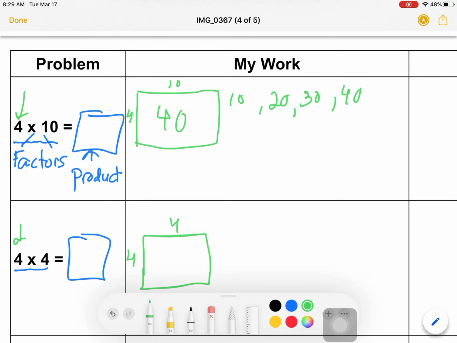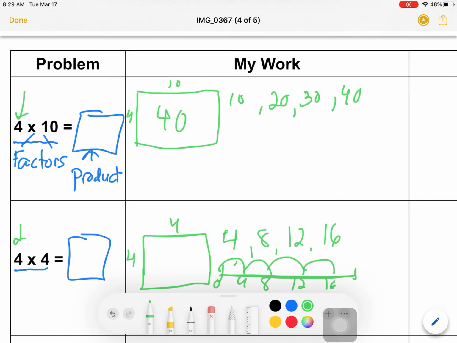And in this case you can figure out 4, 8, 12, 16, or if you wanted to, you could think of it as a number line, and you could count 4, 8, 12, 16, adding 4 each time. That's another way to think about it as well.